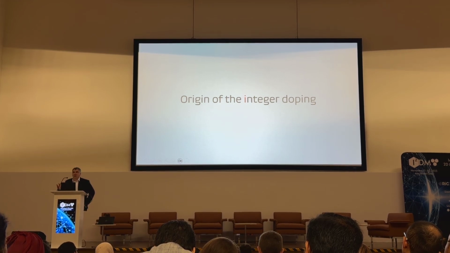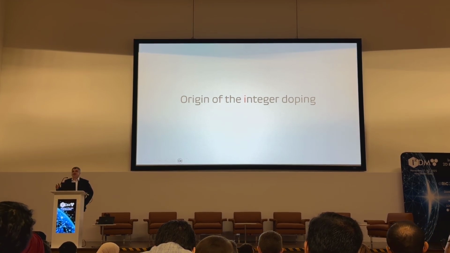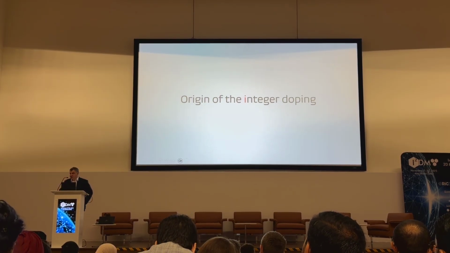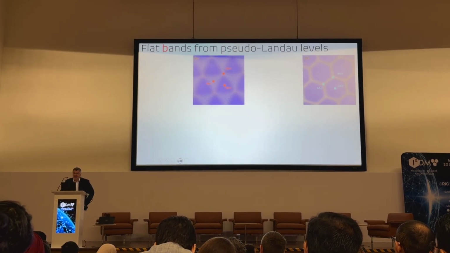Integer doping, you pretty much don't see it in two-dimensional systems. Integer doping is like Coulomb blockade in your quantum dots, but to see it in two-dimensional systems pretty much never happens. So what's going on there?